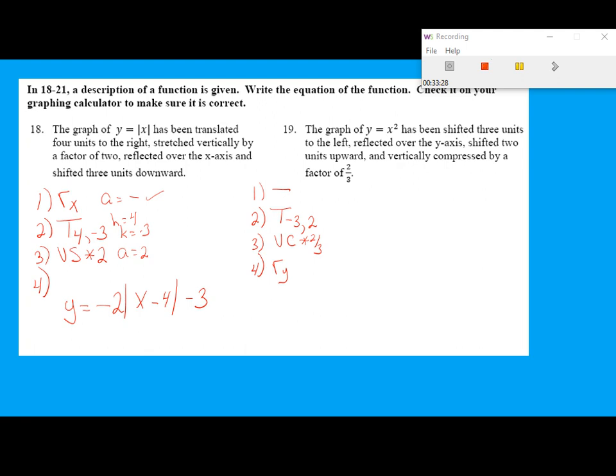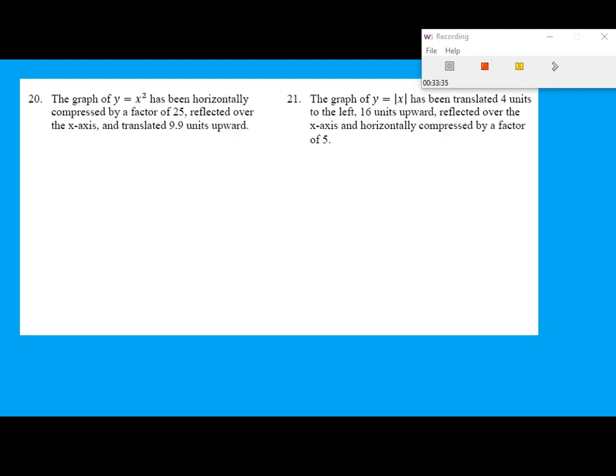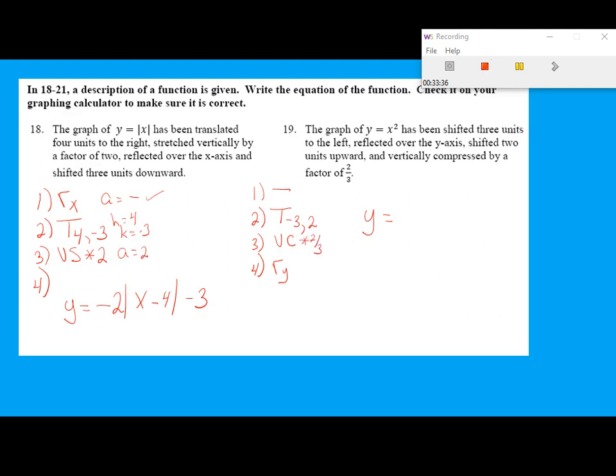Well, let's put it all together now. We're going to have y equal, to get a translation, notice I left a little space. I got x plus 3 squared plus 2. That takes care of my translation. Been vertically compressed by a factor of 2/3, so let's put a 2/3 out there.